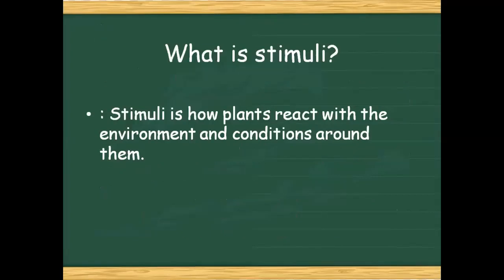Now, what is stimuli? Stimuli is how plants react with the environment and conditions around them. Some plants will react to sunlight, where as it gets dark, the flower will close, and in the morning you will see the flower opens and blossoms.